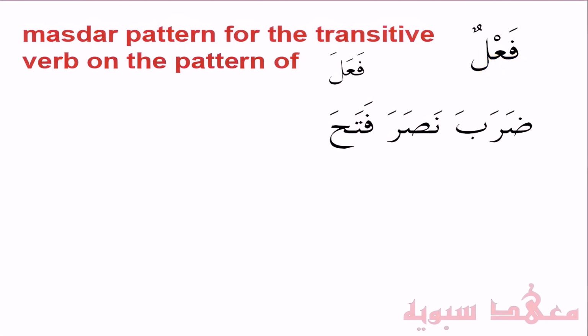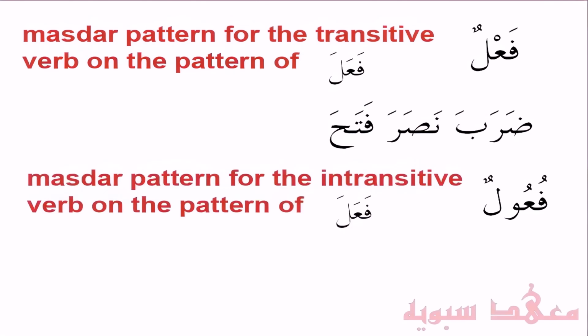Now we also have this pattern here, fa'ulun. In a similar way, it's used for the intransitive verb on the pattern of fa'ala. So both these patterns are used for the masdar of the past tense verb that has its middle radical with a fatha in both cases.